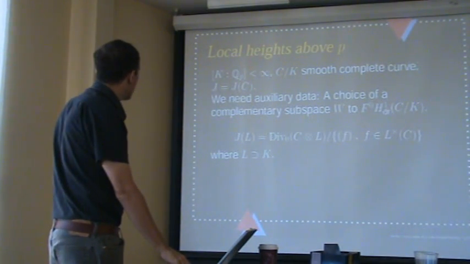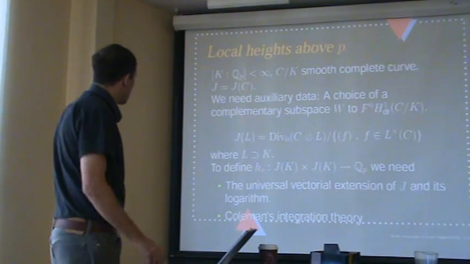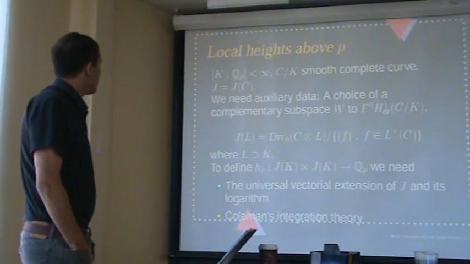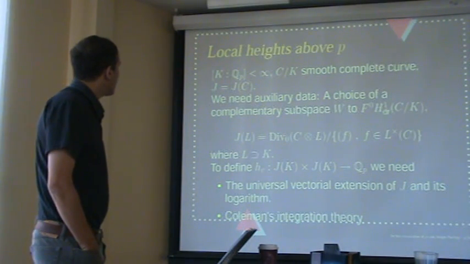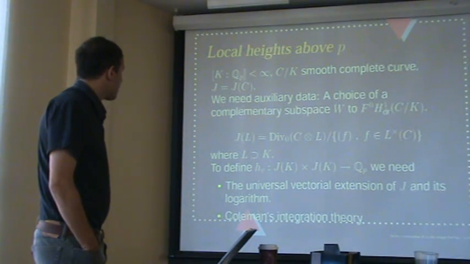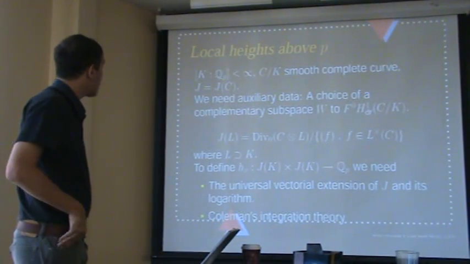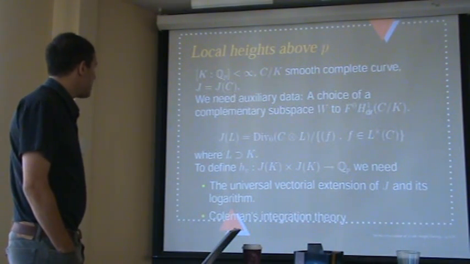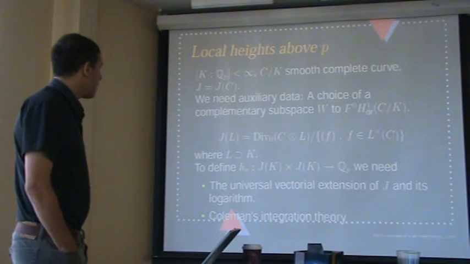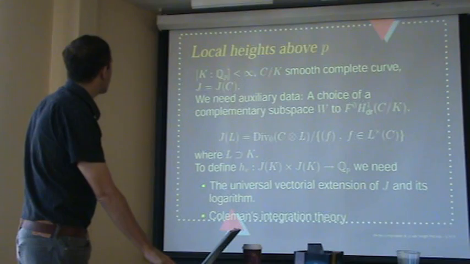And of course this is false. The local term is not on the Jacobian. It's really just on zero divisors. As I said, it's the global term that factors through the Jacobian. So you need two inputs for that. One is the notion of the universal vectorial extension of J and its logarithm, and the other one is Coleman integration theory.